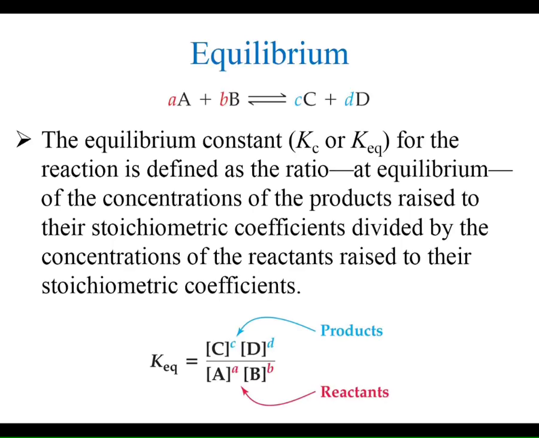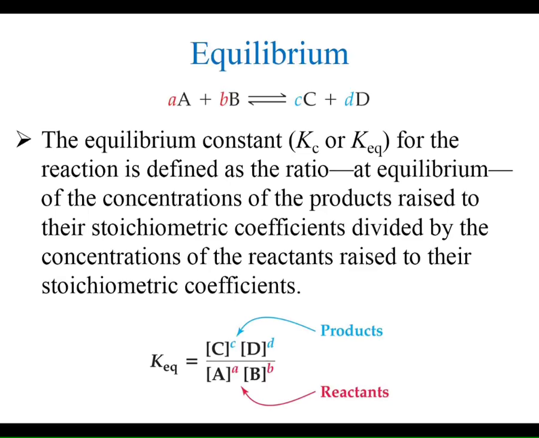So these little square brackets mean concentration. And for us, that always means molarity, molar concentration. So the molar concentration of product C to the little c power. So whatever that coefficient was, 1, 2, or 3, to the 1st, 2nd, or 3rd power, times the molar concentration of D to whatever its coefficient was.